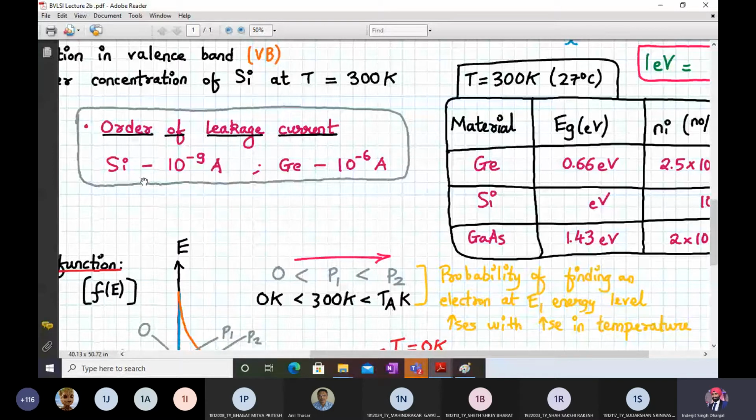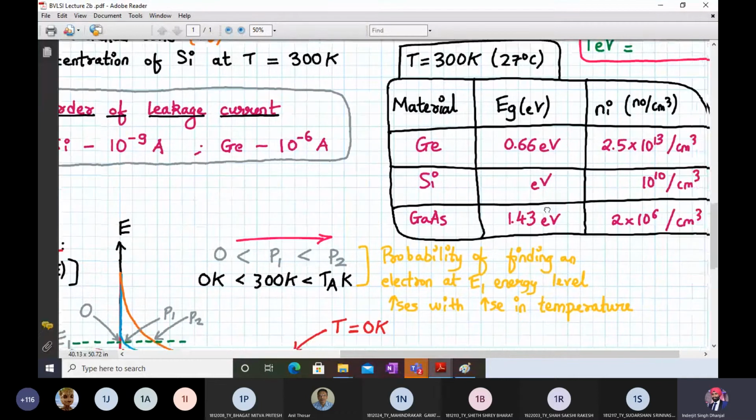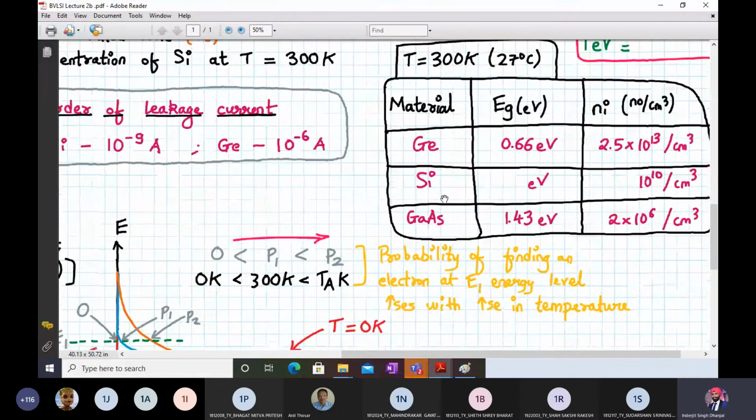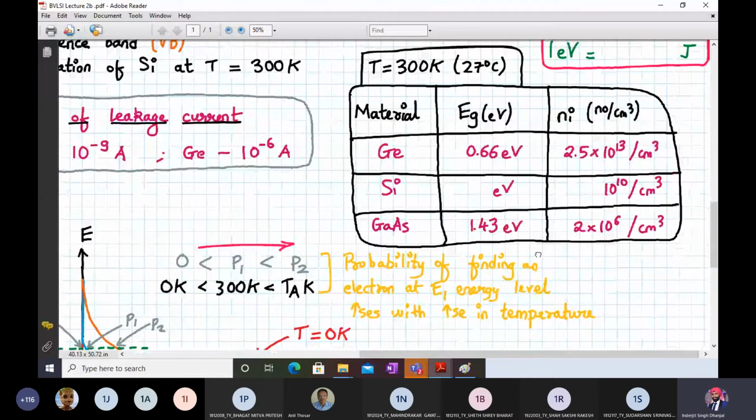For germanium, remember the leakage current in a diode under reverse bias, that leakage current I'm talking about, it is around 10 raised to 3 times higher, in microamperes. That's one reason we prefer silicon over germanium.